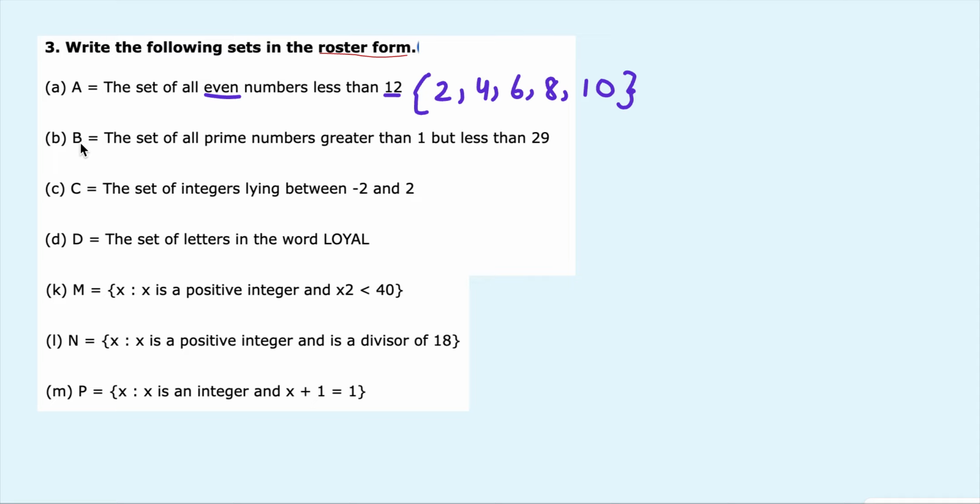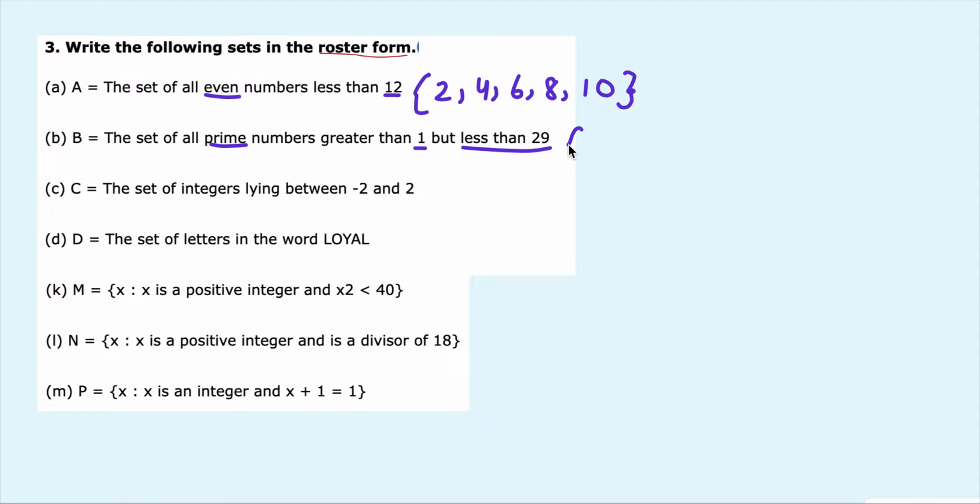Next, set B says set of all prime numbers that are greater than 1 but less than 29. So it has to be prime numbers.